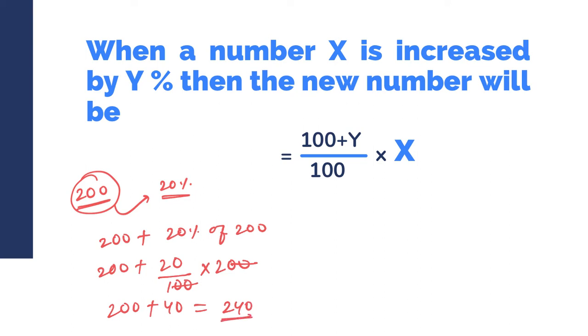Let's see it again. What we are doing is 200 plus 20 percentage of 200. Can I write this number in this way, that 200 is 100 percentage of the number, since I took the whole number?